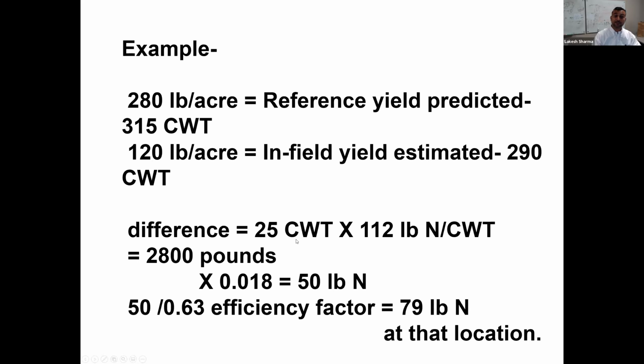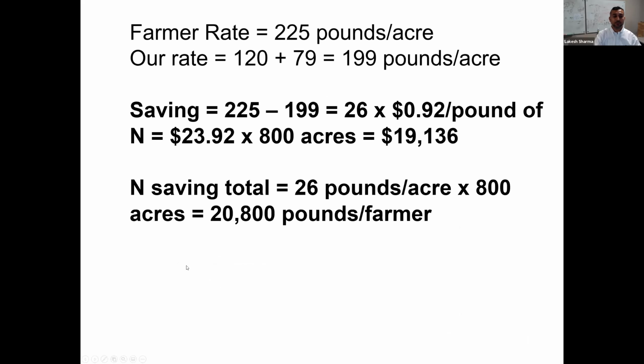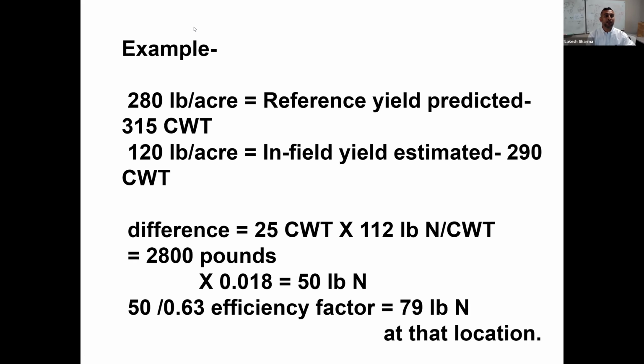The difference is 25 hundredweight. When you convert that into total pounds, the difference is 2,800 pounds. So 2,800 pounds multiplied by the nitrogen uptake, which is 0.018, basically 1.8%, is 50 pounds of N. So 50 pounds more N is required to compensate for that.